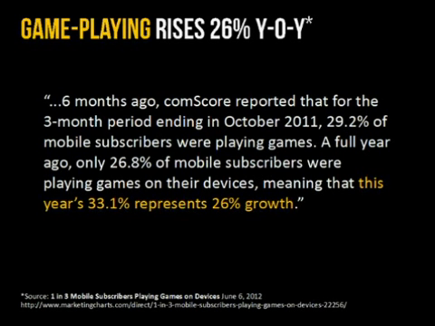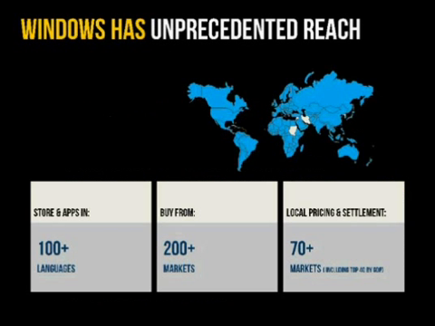One of the big draws is that Windows has a huge reach. As Windows 8 becomes more prevalent and more people start adopting it, there's huge potential to reach a much larger demographic than you're going to eventually get with mobile.